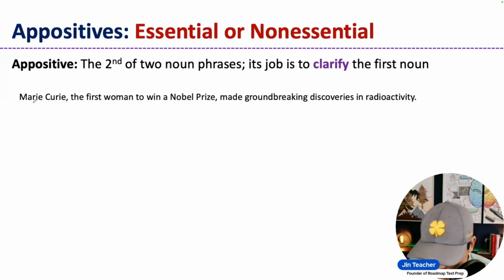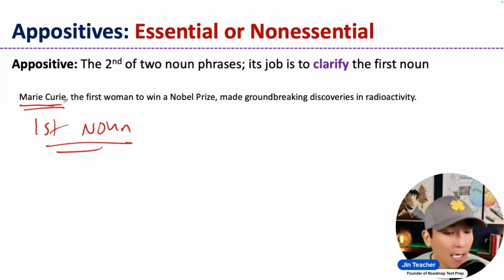Well, it really depends on this first noun. You have to take a look at this first noun to determine whether the second noun, the appositive, is essential or non-essential. Now, guys, if the appositive is non-essential, we want to put two commas around it. So here, a comma after Curie and a comma after Prize.